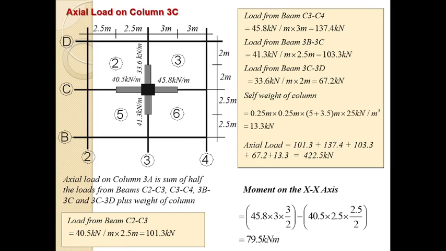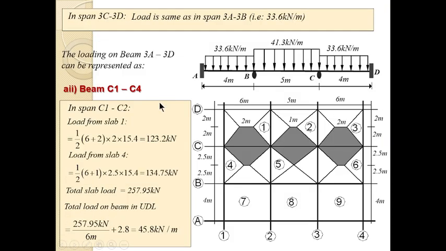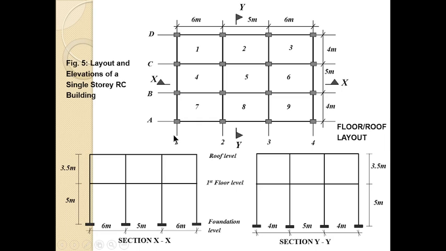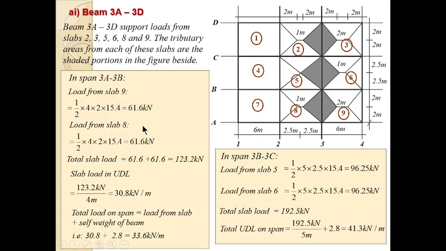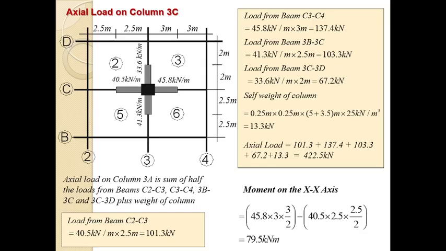The next thing in the question, what were we asked to do? We were asked to determine the axial load and moment carried by column 3C and column 4C at the first floor level. So that is what we are going to do now. We are just cutting a part of that column layout that has the column we are looking for.